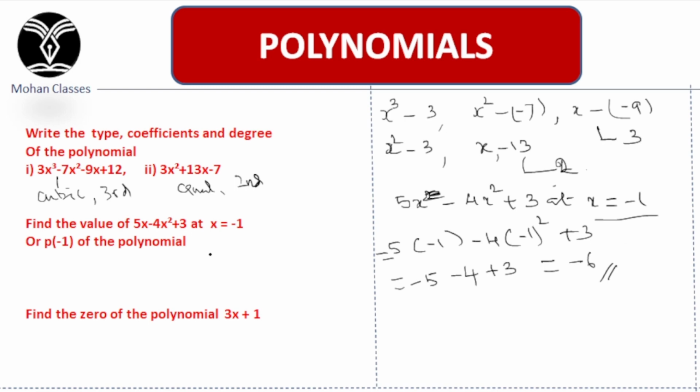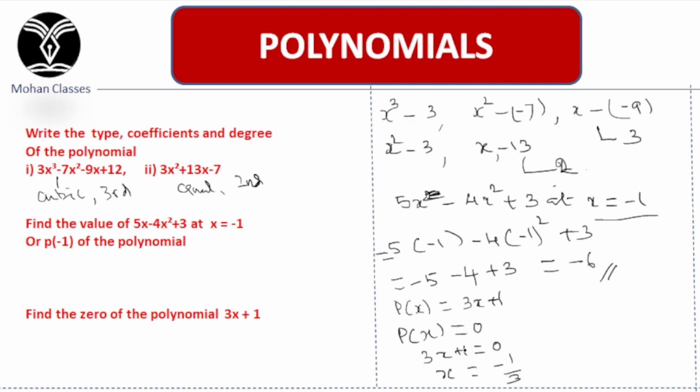Understand? Now find the 0 of the polynomial 3x plus 1. What I told you, polynomial can be written like this: p of x is equal to 3x plus 1. If you want to find the 0 of the polynomial, what you have to do? p of x should be equal to 0. Then only we can say there will be a 0 of a polynomial. So 3x plus 1 is equal to 0, means x, what will you get? x is equal to minus 1 by 3, right?